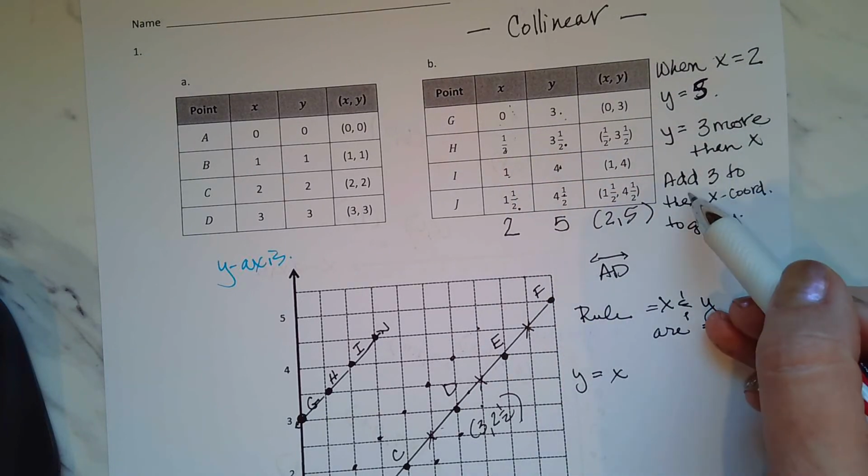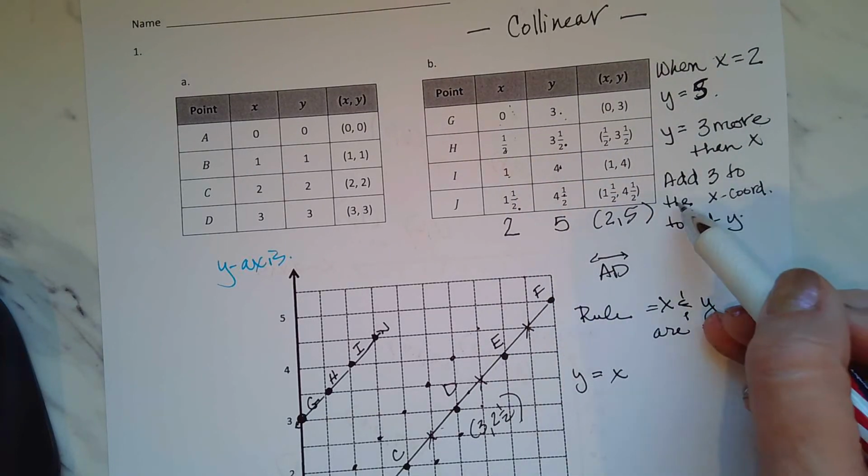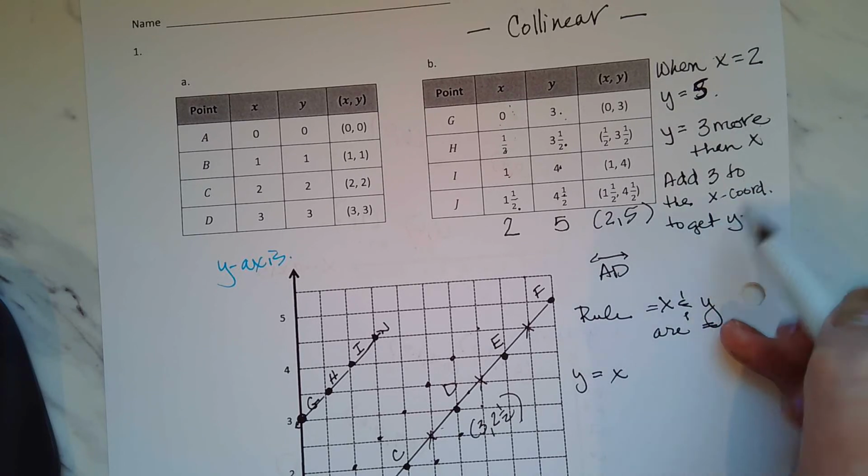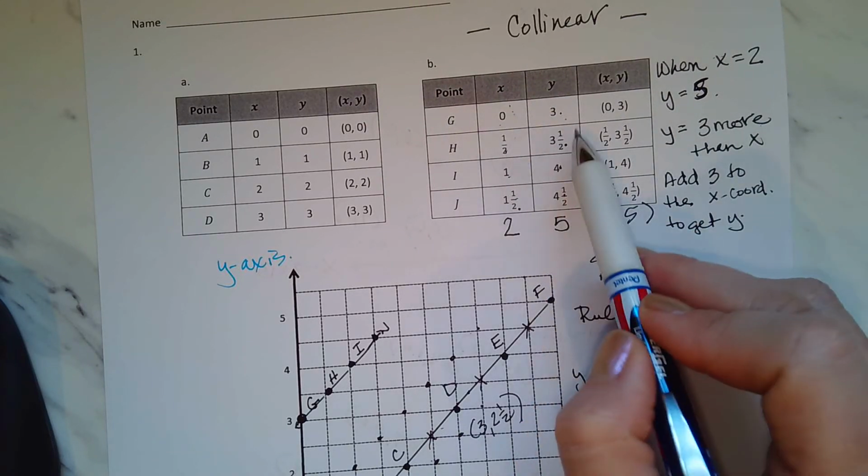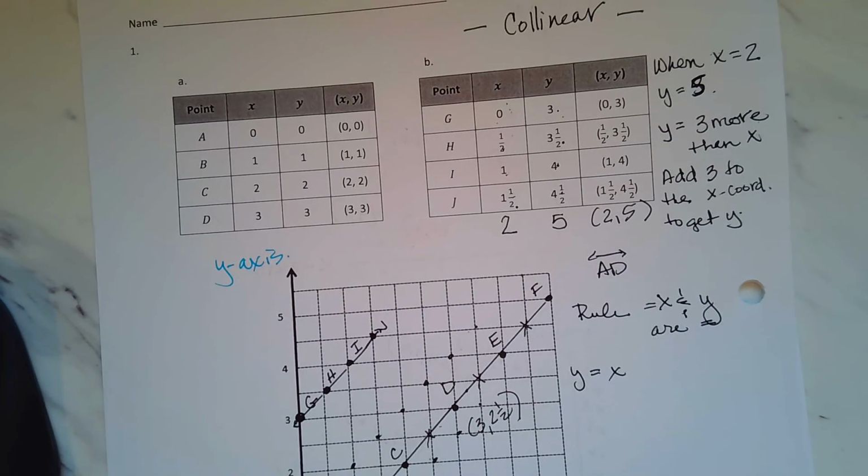You could also say add 3 to the x coordinate to get y. So whatever this is, add 3 to get the y coordinate. So stop and ponder that. Think about that for just a moment. How did I get that rule? How did I write it down? There are different ways to write it down, but these are probably the 2 easiest ways.